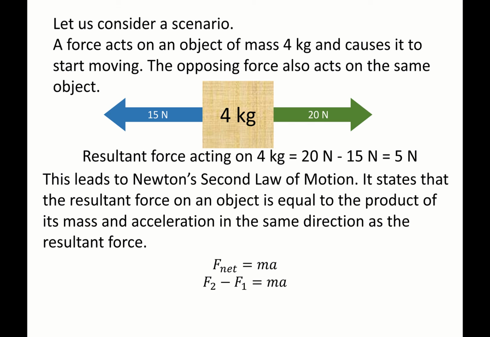And this leads to Newton's second law of motion. It states that the resultant force on the object is equal to the product of the mass and the acceleration, in the same direction as the resultant force.